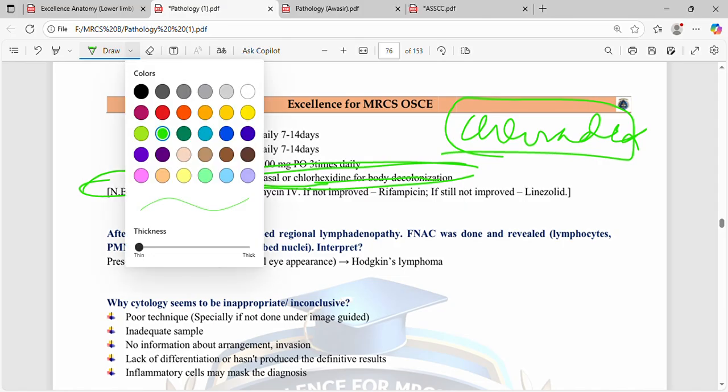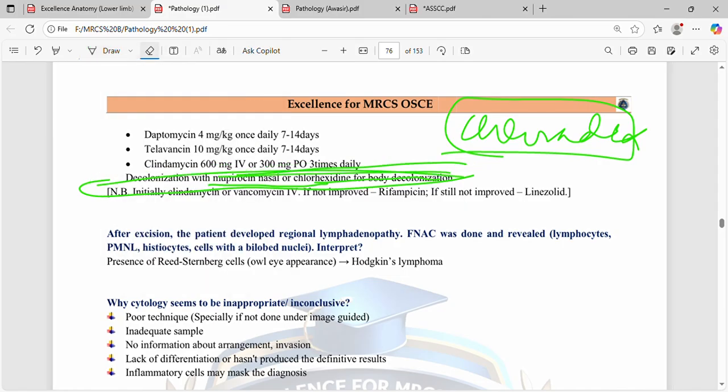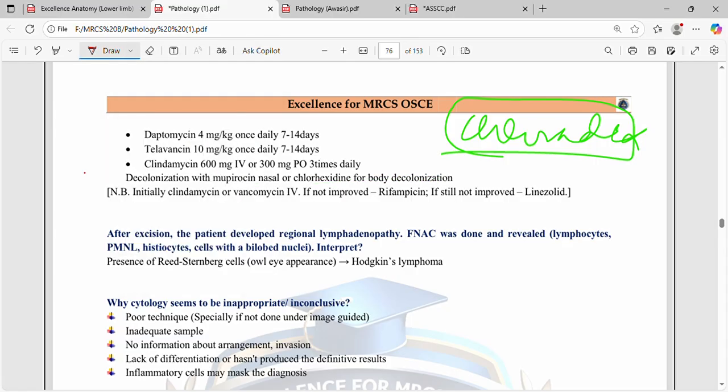So what we have here: initially clindamycin or vancomycin IV, if not improved rifampicin, if still not improved linezolid. So this is the algorithm: vancomycin or clindamycin IV, if not improving you go for rifampicin, if then not improving you go for linezolid.